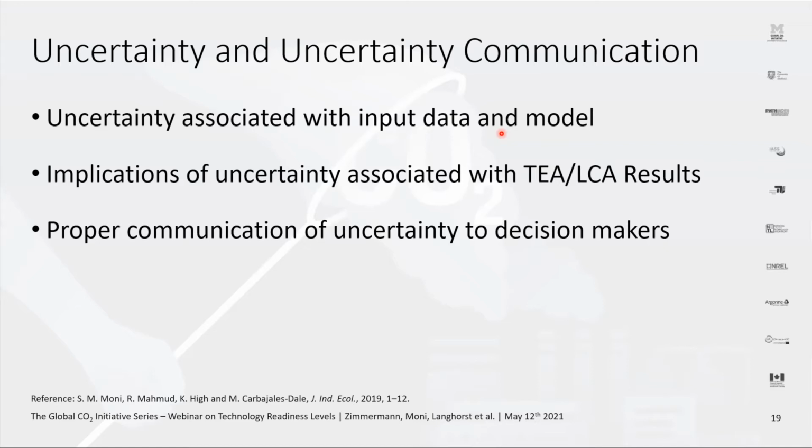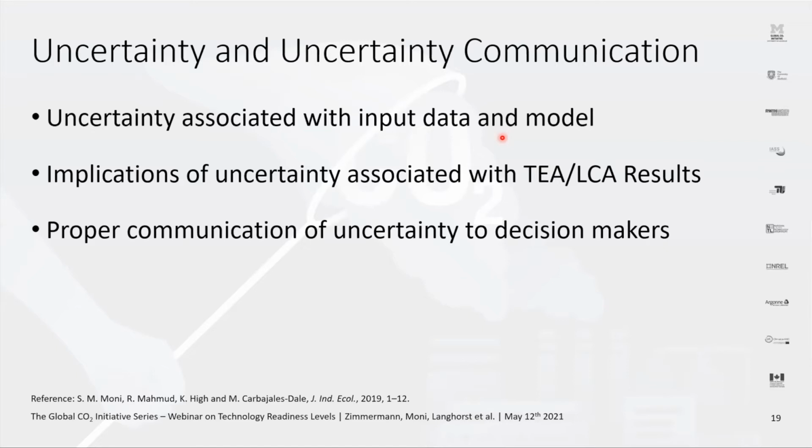Another important part is to understand the implications of this uncertainty towards TEA and LCA results. We perform sensitivity analysis, we try to rank, but what are the actual implications for decision making? How will the investor decide based on this, or what would be the implication for the policymakers?